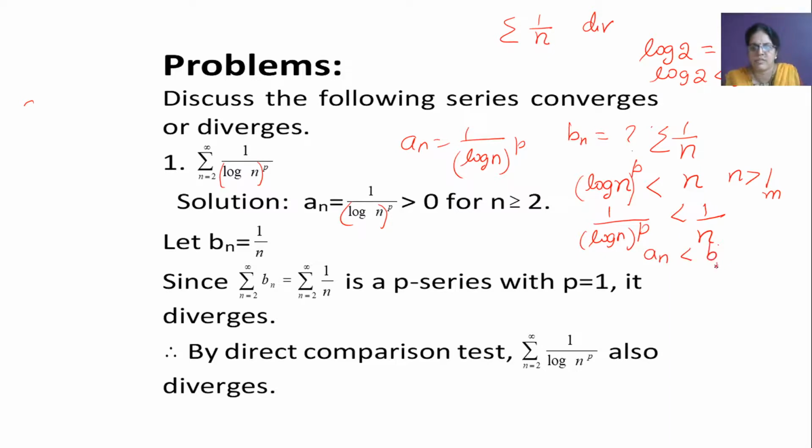So an is less than bn for every n greater than m, where m is 1. So we can see that sigma an and sigma bn behave in the same way. Now we know that sigma bn means sigma 1 by n. It's a p series with p equal to 1. It diverges. Therefore, by direct comparison test, sigma an also diverges.